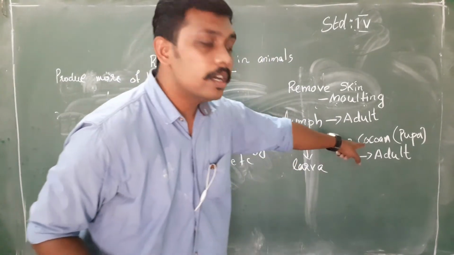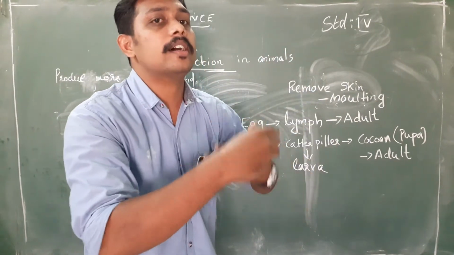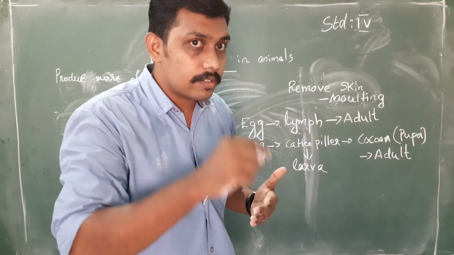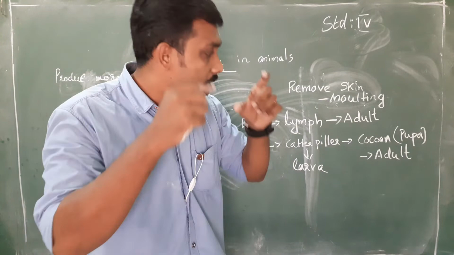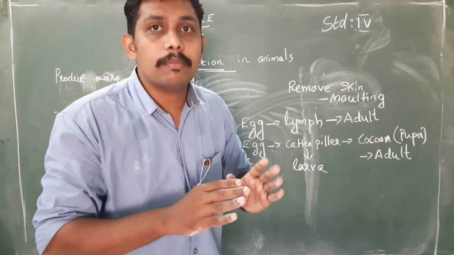That cover is called cocoon. Okay, then in the cocoon, the butterfly is going to develop, and after that it breaks the cocoon and the adult butterfly comes out.